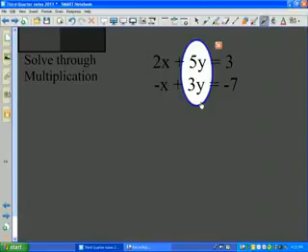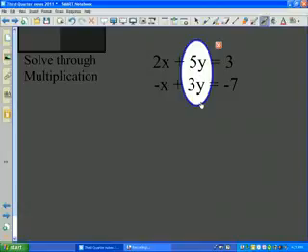Let's take a look at the y section. What number do 5 and 3 have in common? It's not 3. It's not 5. It's not 10. It's 15. Because if I multiply 5 and 3, don't I get 15? So in order for us to get same numbers, I have to change that 5y into a 15y, and I would have to change that 3y into a 15y.